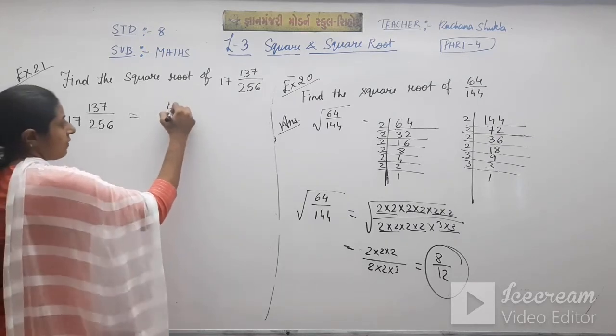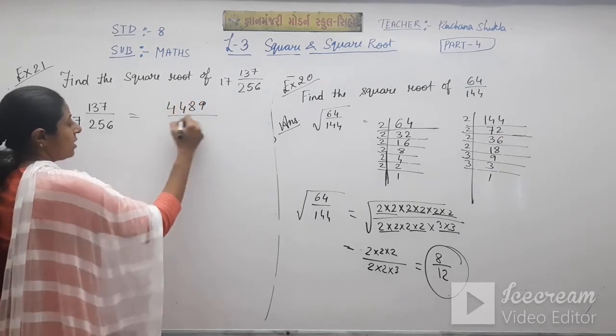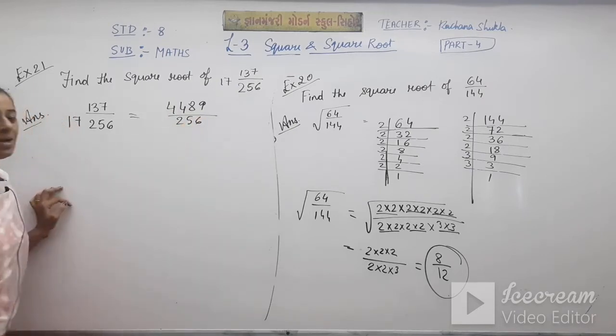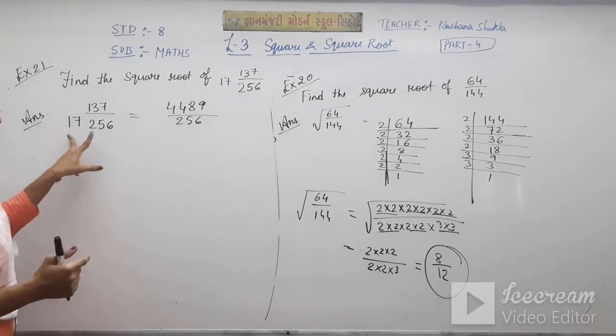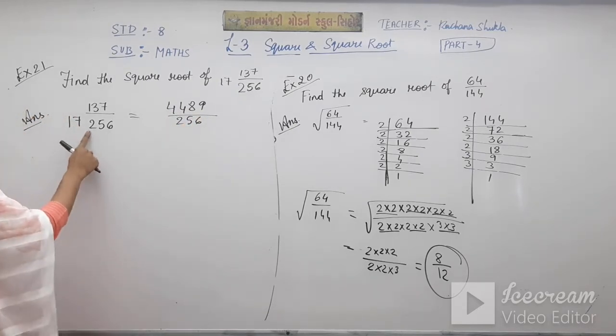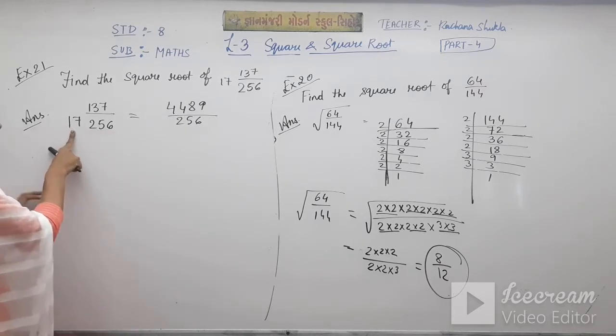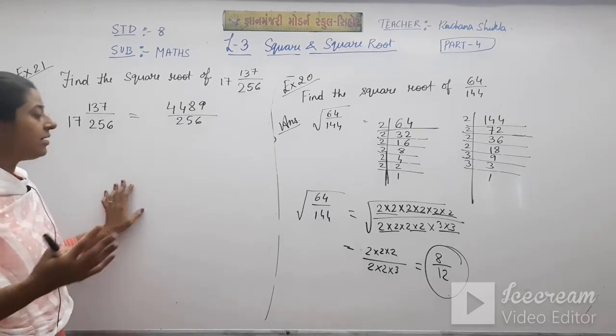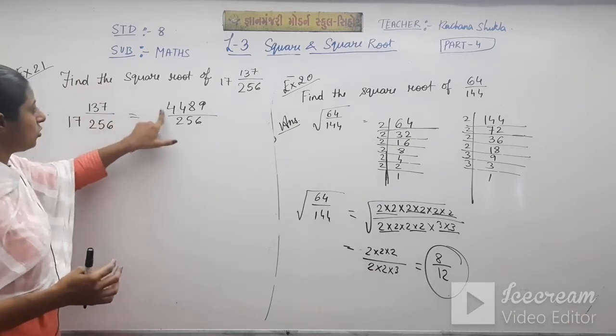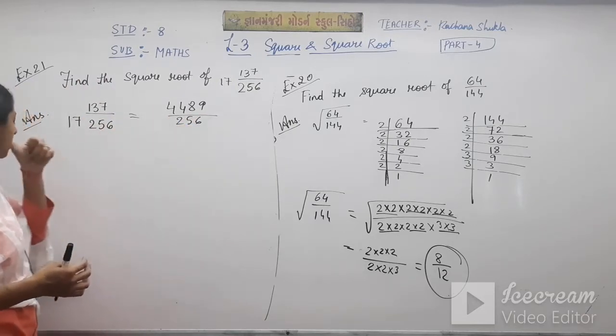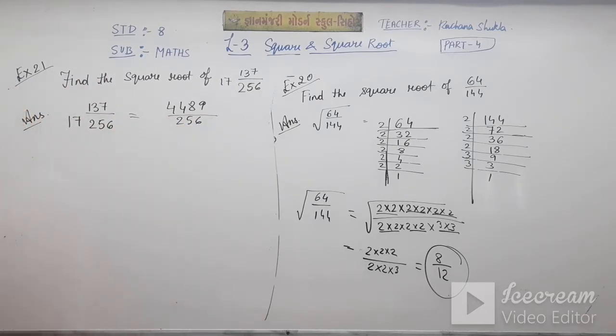That is 4489 upon 256. Once again I tell you, multiply 256 into 17 and then add 137. So you will get 4489 upon 256. Now find the factors of 4489 and 256.